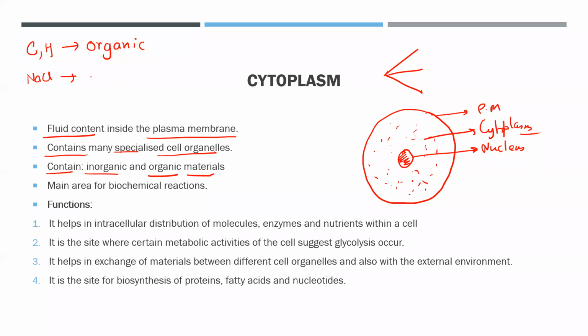NaCl is salt, so it is basically inorganic because it is not containing carbon and hydrogen. That's why it is called as inorganic. And anything that is containing the carbon and hydrogen, that is called as organic. Okay, beta. So it can contain various inorganic and organic materials.